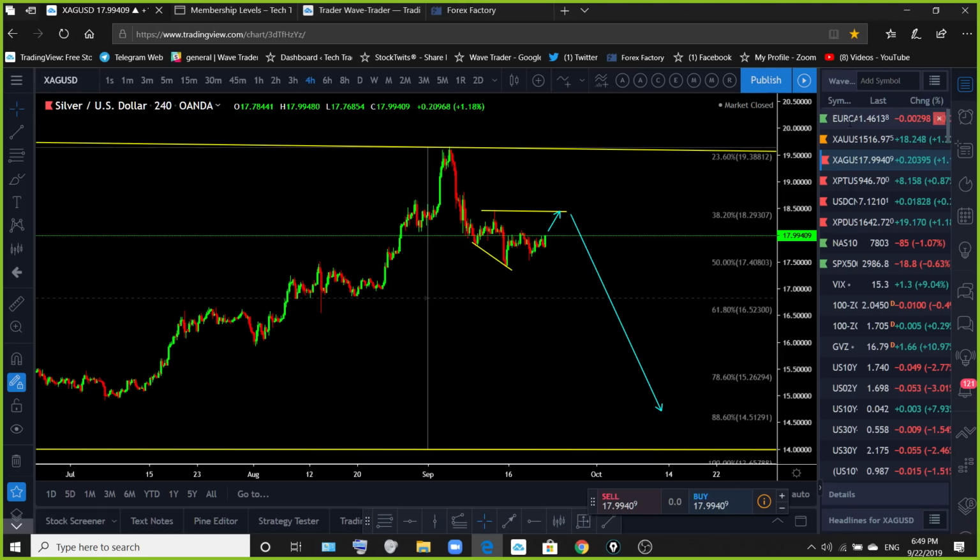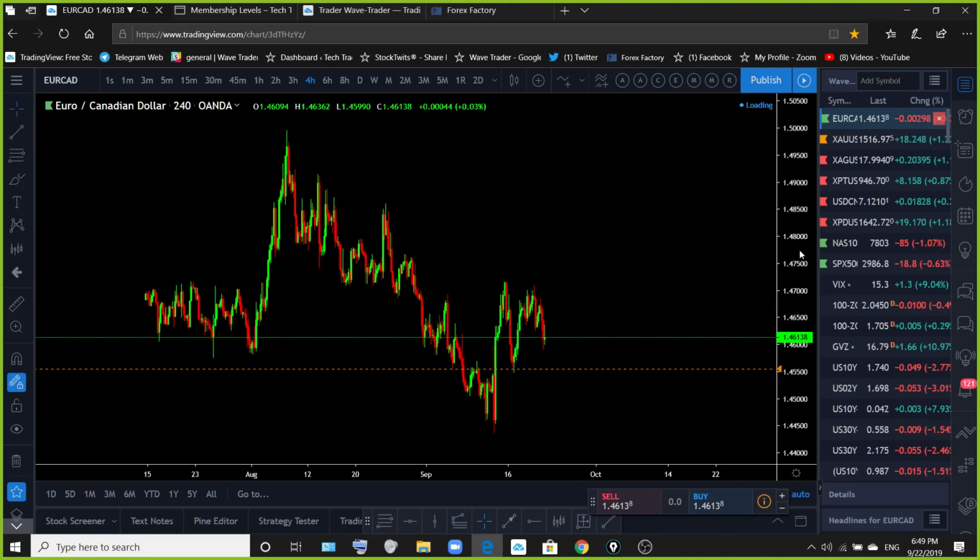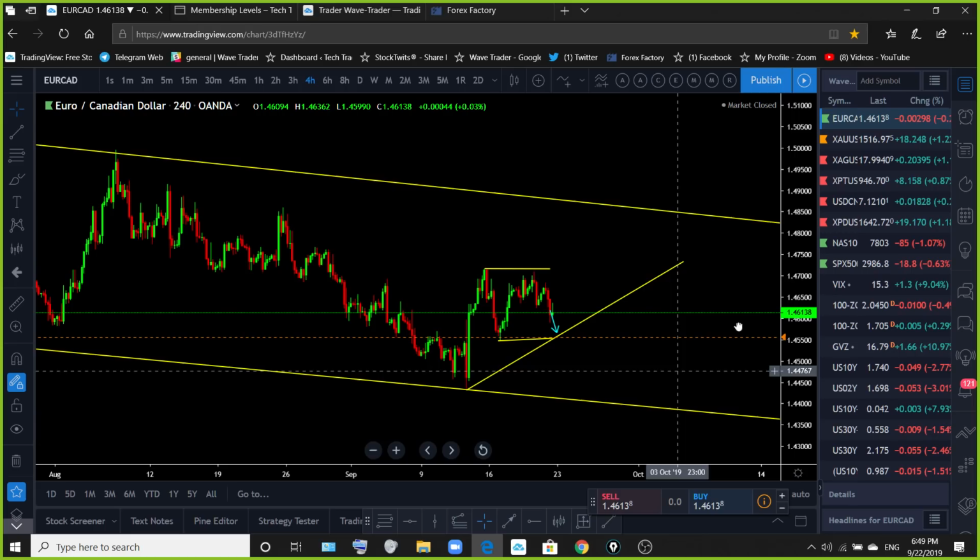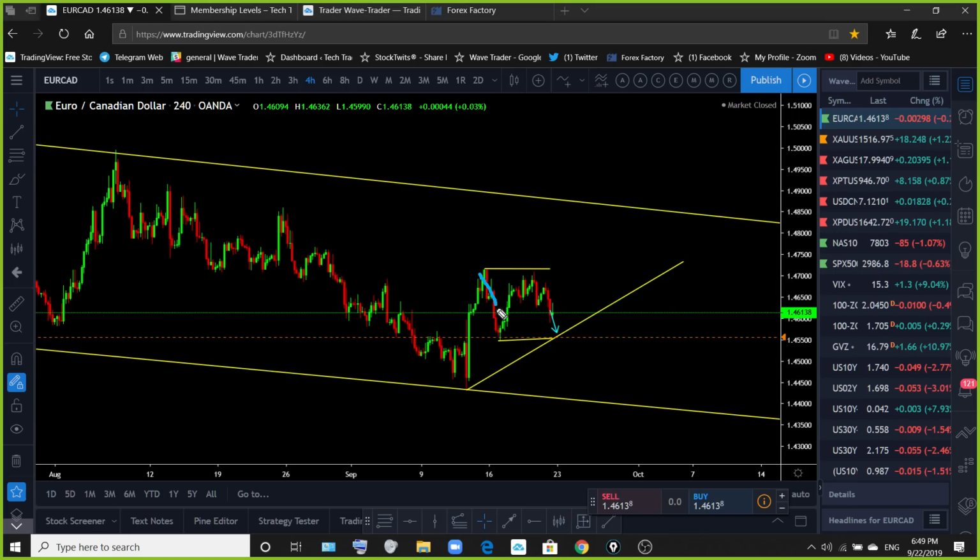And EuroCAD, we missed that. EuroCAD to form that ABC move, very similar to the CAD chart, and go higher.